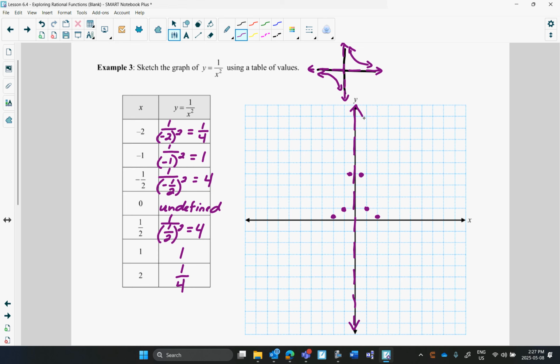We can never get y to equal 0. There's nothing you can plug in for x so that 1 divided by x squared is 0. So there we have a horizontal asymptote that our curve goes along but never touches. And we have a vertical asymptote.